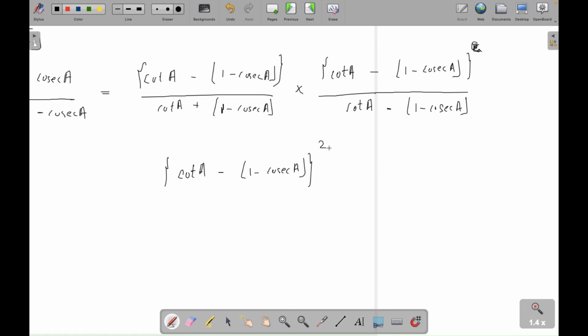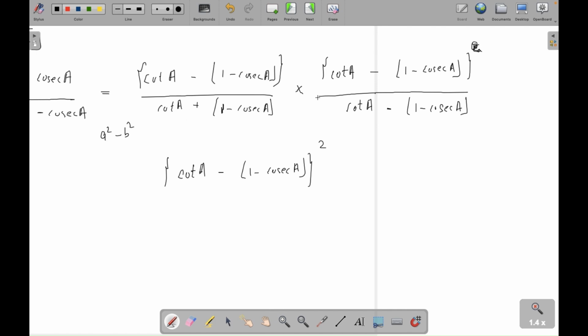Right, so what we are here doing is we have cot A minus 1 minus cosec A, right? And cot A plus 1 plus cosec A. What I want to have in the denominator is a term like A square minus B square.